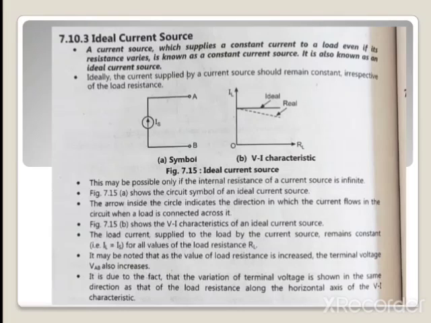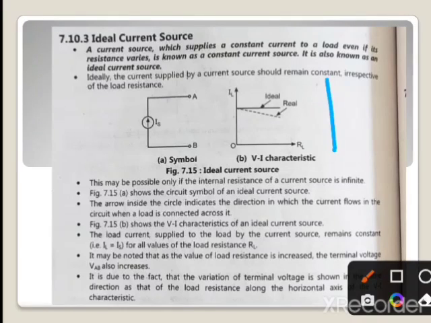So it is known as a constant current source or ideal current source. It means if your resistance varies, the current is constant, it is your ideal. And if your current is slightly decreasing, then it is real, or a practical current source.